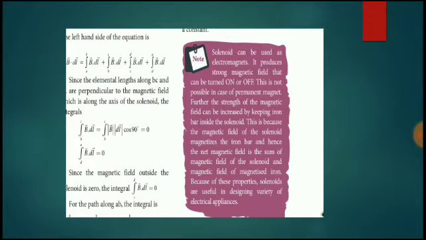Further, the strength of the magnetic field can be increased by keeping an iron bar inside the solenoid. This is because the magnetic field of the solenoid magnetizes the iron bar, and hence the net magnetic field is the sum of the magnetic field of the solenoid and the magnetic field of the magnetized iron. Because of these properties, solenoids are useful in designing a variety of electrical appliances.